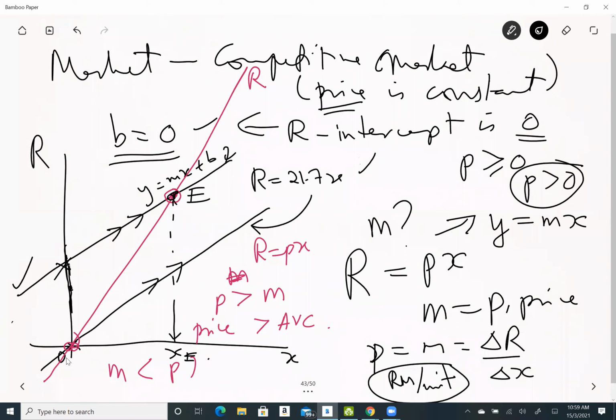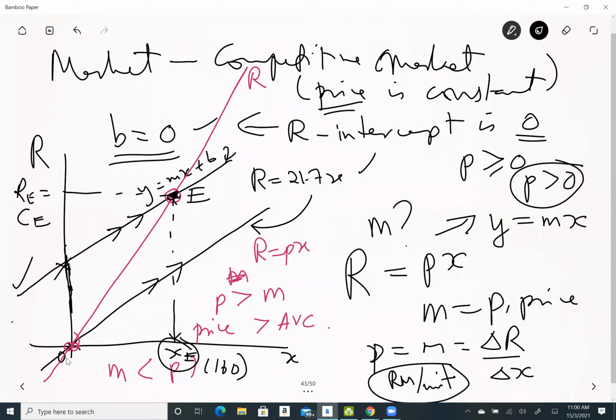In this example it's 160. That is also the break even revenue, equal to the break even cost. There is only one point where revenue equals cost, that's why you call it the break-even point. Our break-even point is XE equal to 160.